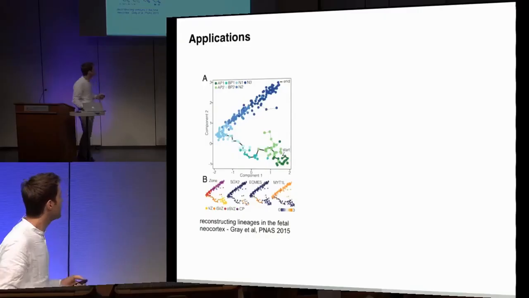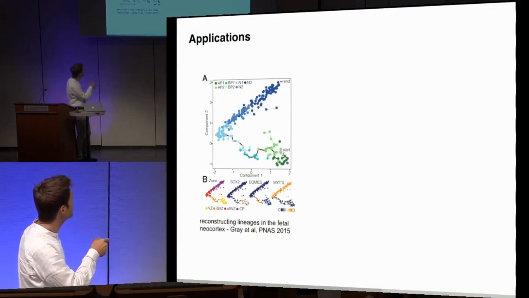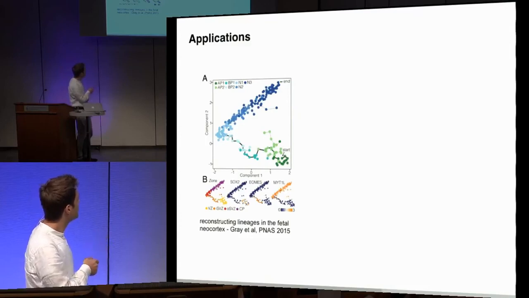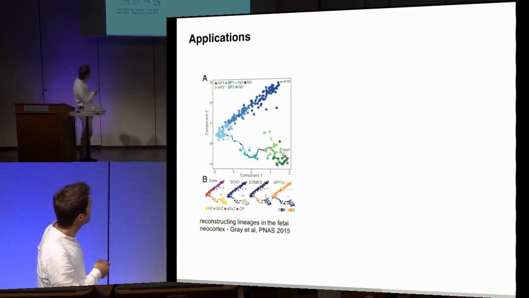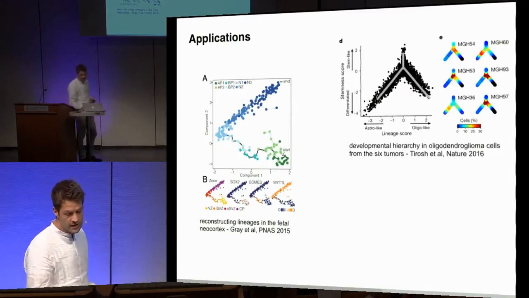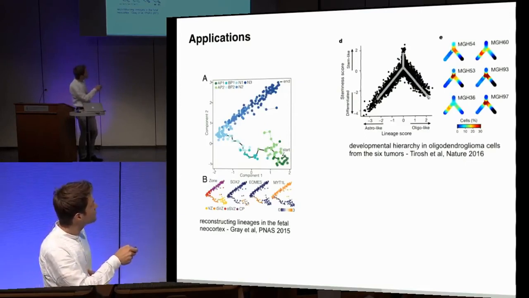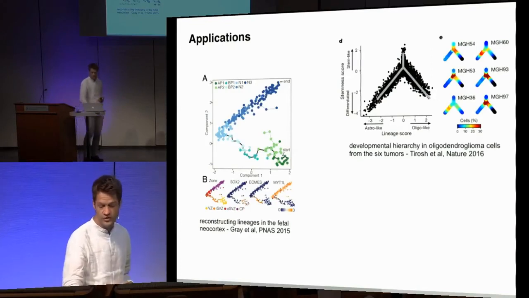Before that, though, let me just briefly say that there are, of course, many possible applications. I think over the morning you saw already a few. Let me just point out that once you have visualized these types of dynamics, you can project, even just in this type of process, already localization of various markers. In this case, for fetal neocortex development, here for developmental hierarchy of tumors across different individuals, where you see the differences between the individual tumors.